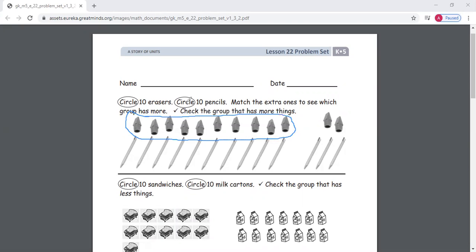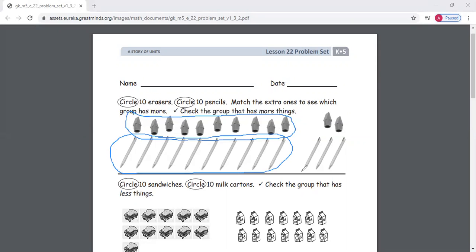All right, circle 10 pencils. Let's count these pencils. 1, 2, 3, 4, 5, 6, 7, 8, 9, 10 pencils. I can circle my 10 pencils. Match the extra ones to see which group has more.